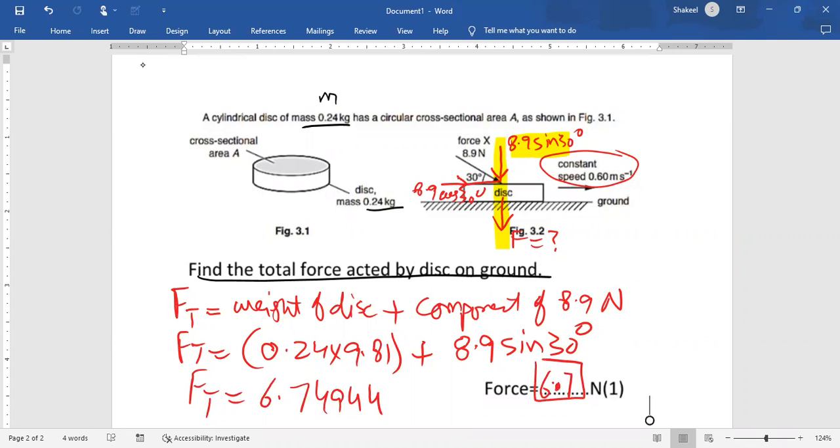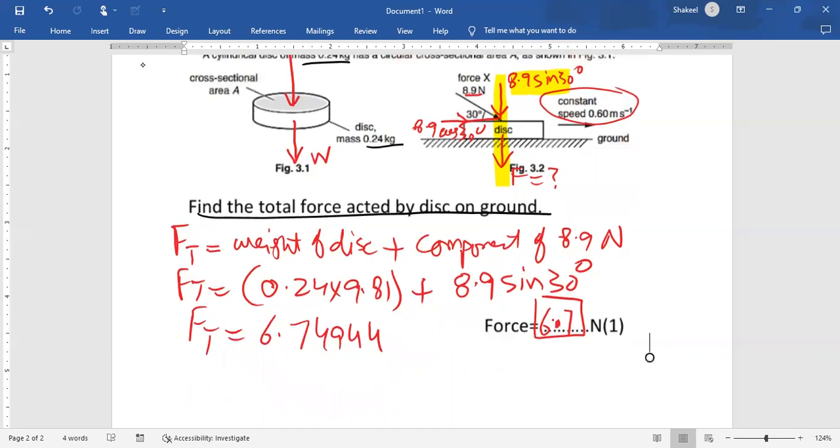The main thing here is that the weight is vertically downward, so you have to look for the vertical component of the force 8.9. So don't assume that the full 8.9 is acting in the downward direction. It is acting at some angle. So you have to find the exact vertical component of 8.9, that is 8.9 sine 30. Thank you, students.